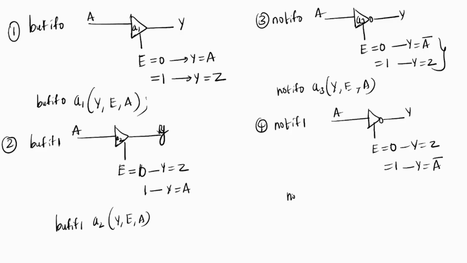So not if 1 A4, this is the instance name A4, Y comma A comma E. So like this, you need to write the gate level modeling for this. Okay, is it fine?